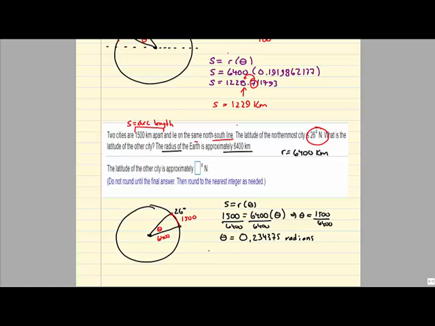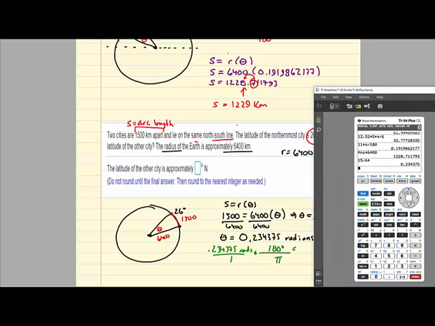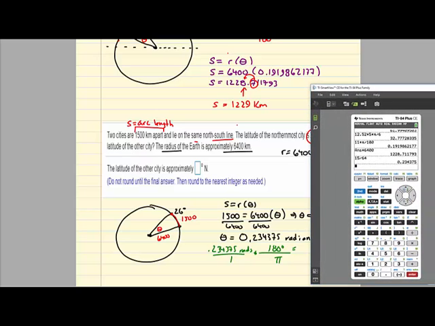So I'm going to take the 0.234375 radians, and I'm just going to put the radians in there. You don't have to do that. I want to be left with degrees, so degrees will go on top, pi will go on the bottom. So I'll take my calculator that I already have the 0.2343 in there, and multiply times 180, and divide that by pi.